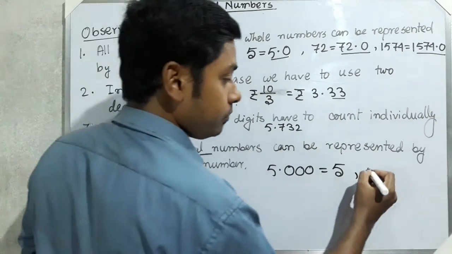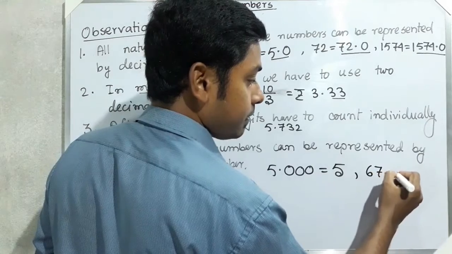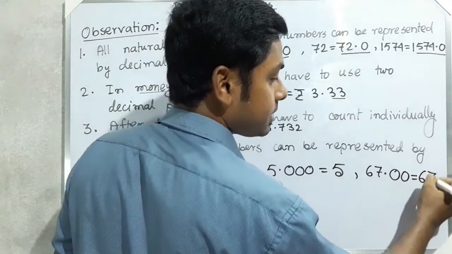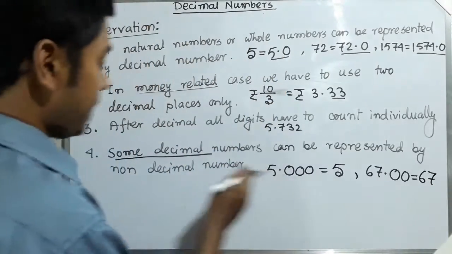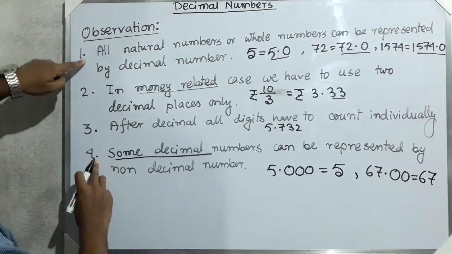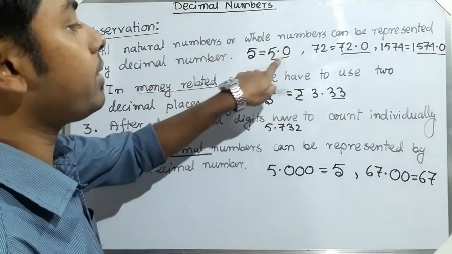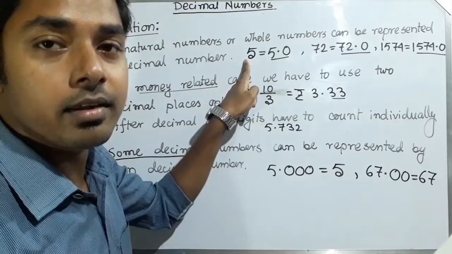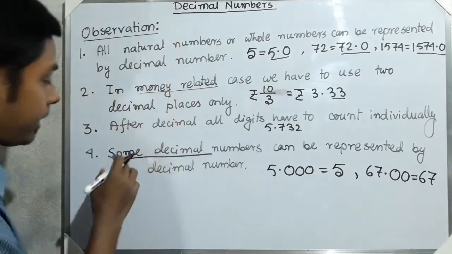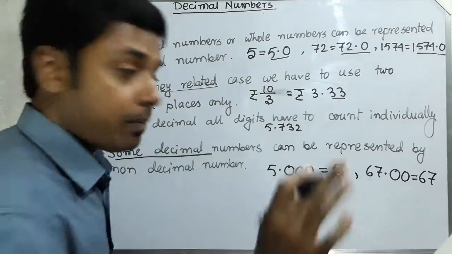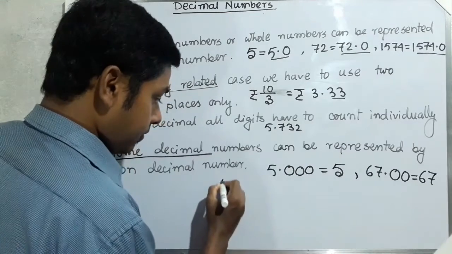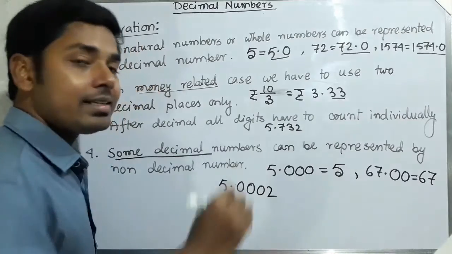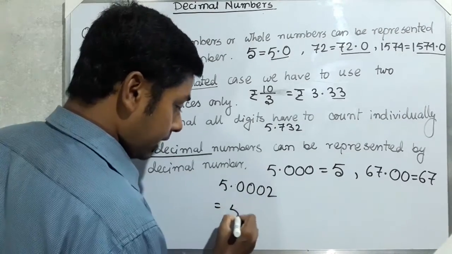Suppose 67.00, then you can write it as 67, and that means this number 4 is the opposite of number 1. That means this thing you can write as this thing, and this thing also you can write as this thing, and only some decimal numbers, so I have given only some decimal numbers. But if you are having something like 5.0002, with any digits, then you cannot write like this.